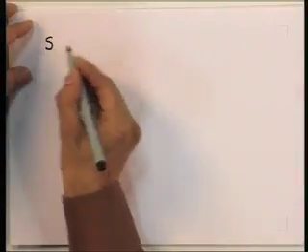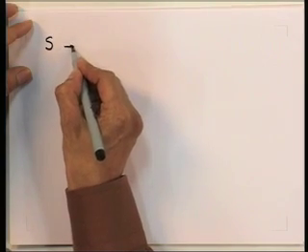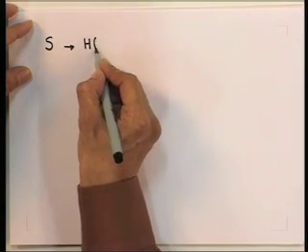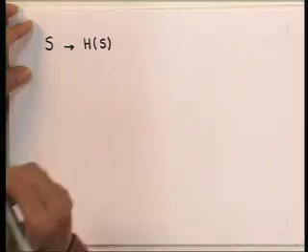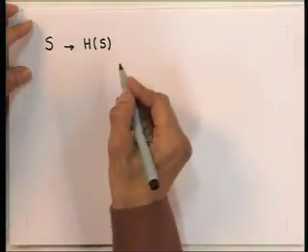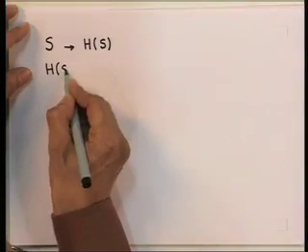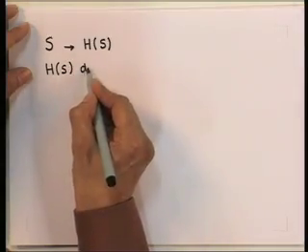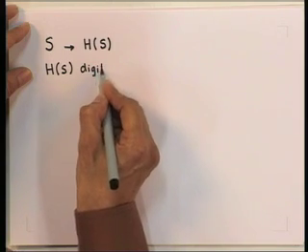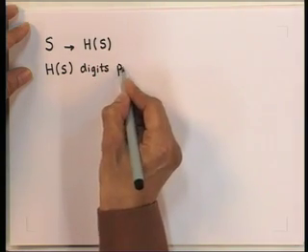We have studied that messages of source S with entropy Hs can be coded by using an average of Hs binary digits per message.